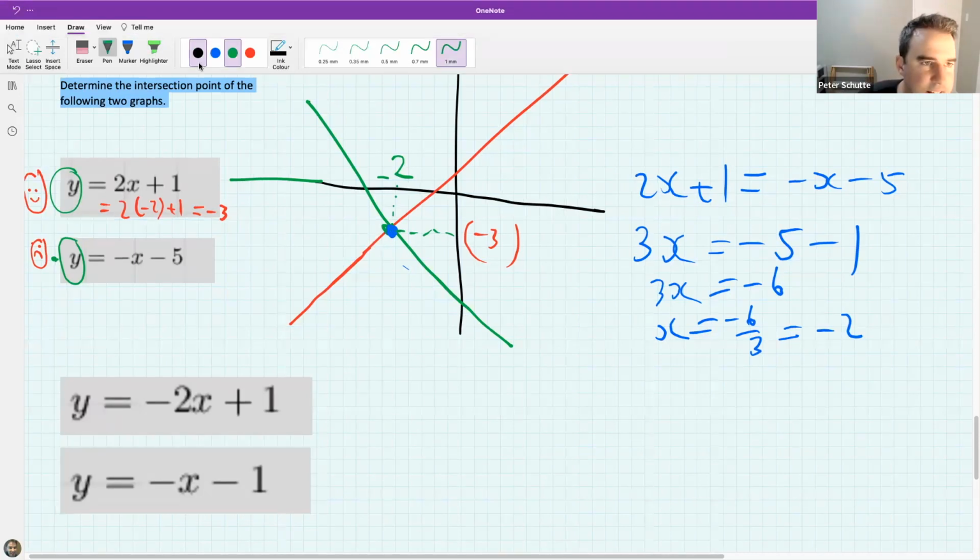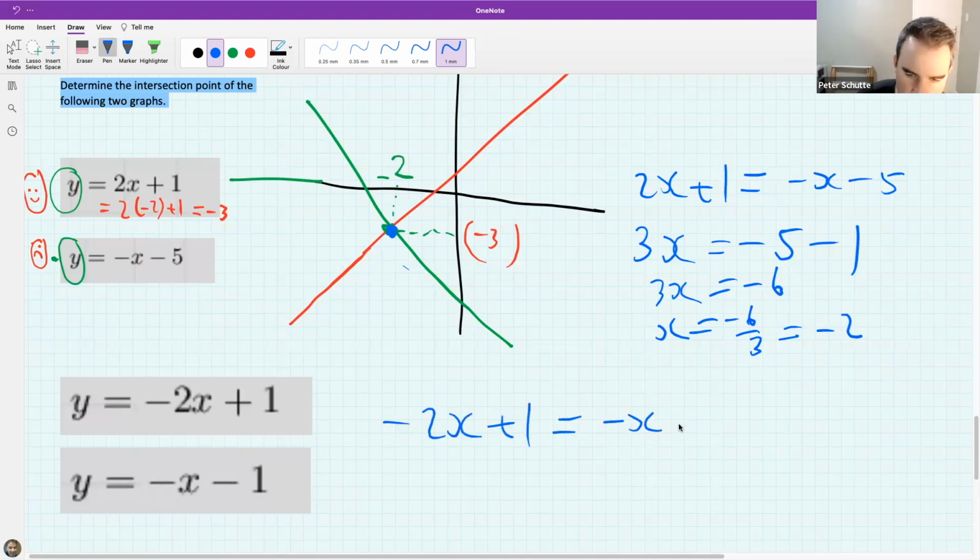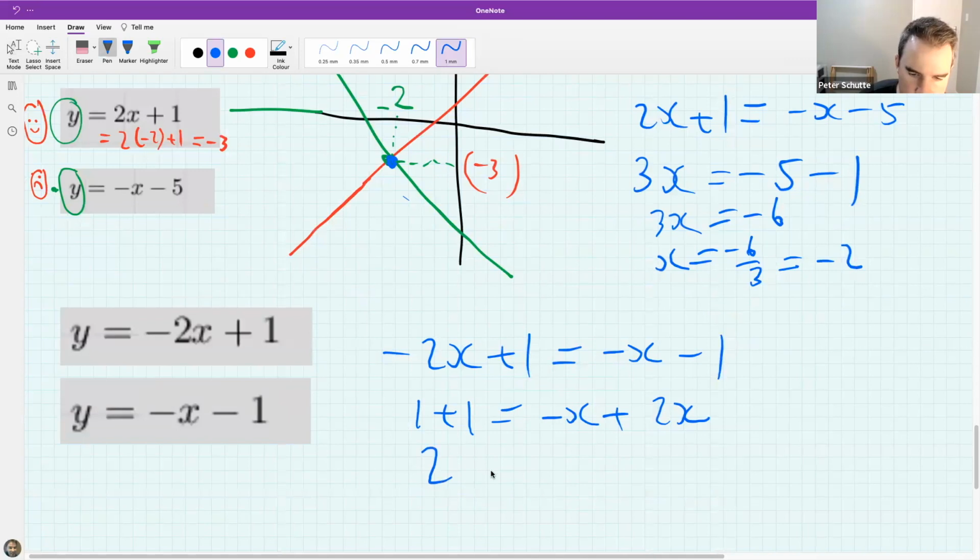What are we getting for that? I would start by doing this. And then I think I would do that. And so for me, the x coordinate of where these two intersect is x is 2.